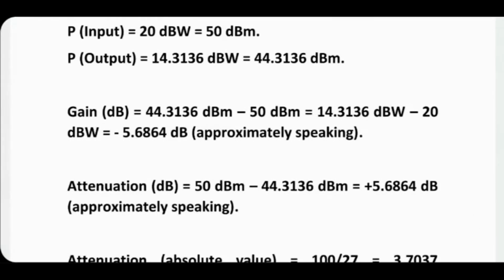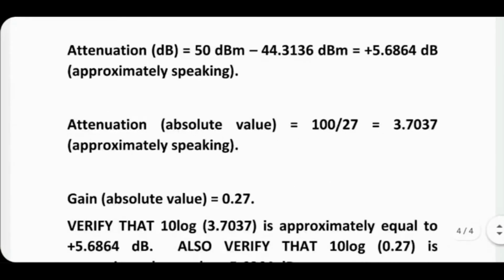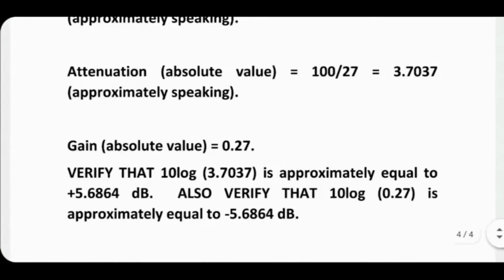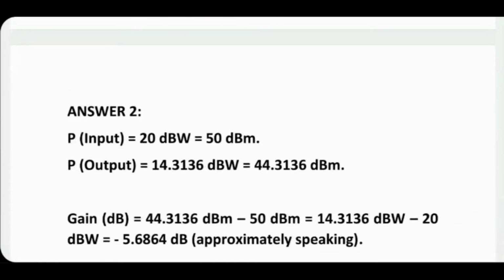Gain is minus 5.6854 dB. And on the absolute scale, I have already told you the answers are 0.27 for the gain and 1 upon 0.27 for the attenuation. Okay. Hope you get some idea of how to apply these things.